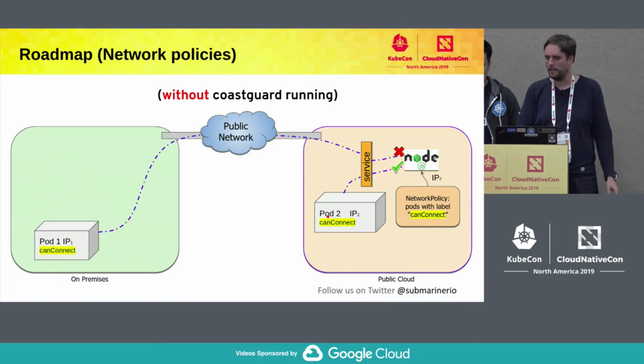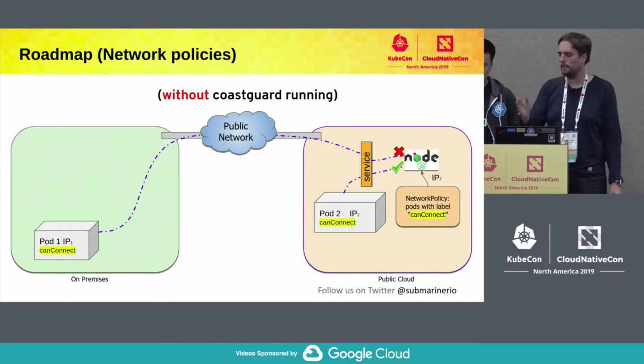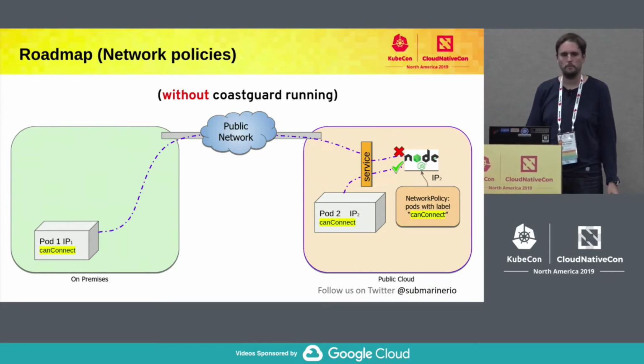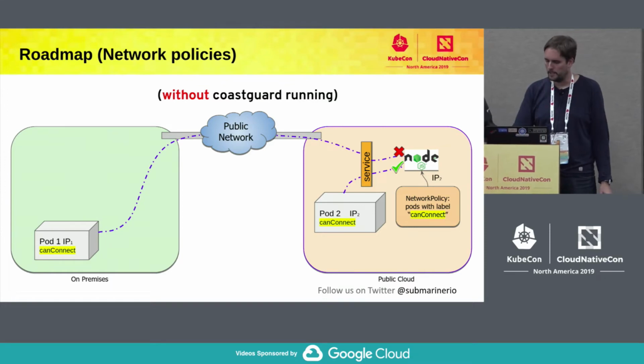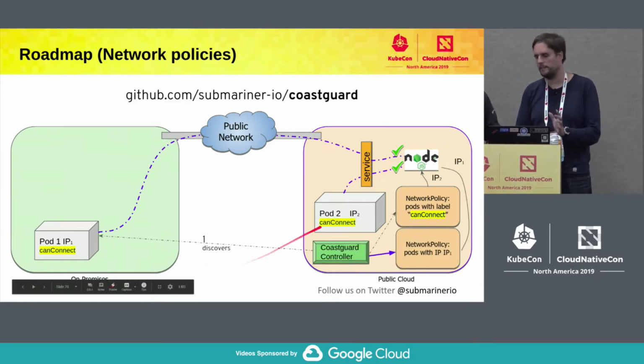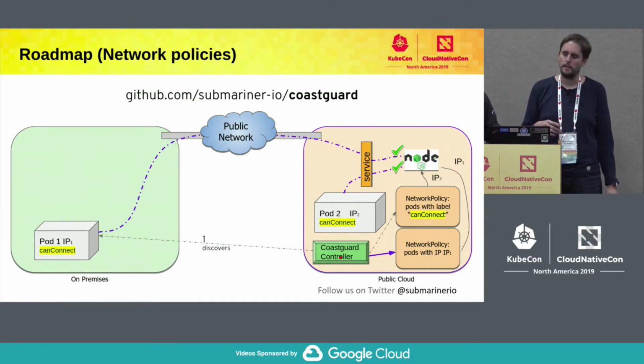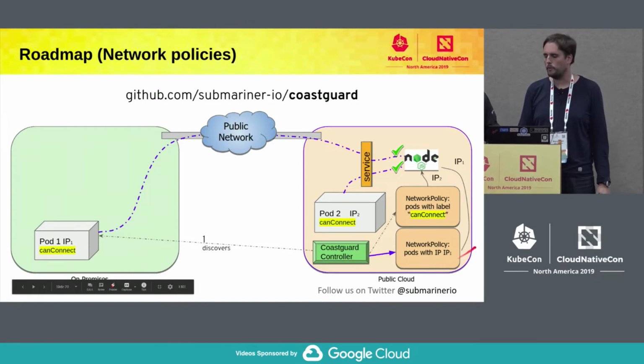It's able to connect. So if we have a remote pod, the IP will not be known by the network plugin, so the traffic will be blocked. What we do with Coastguard, and I'm simplifying this, is we discover the remote pods, and this is a proof of concept.